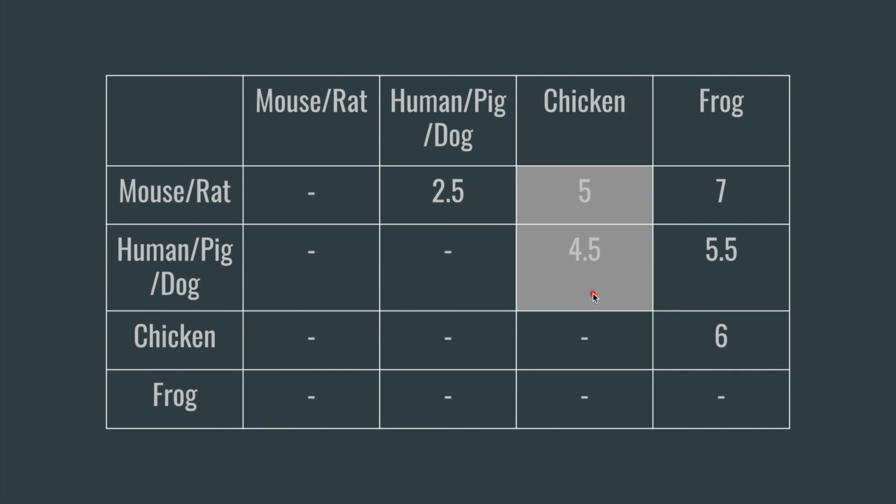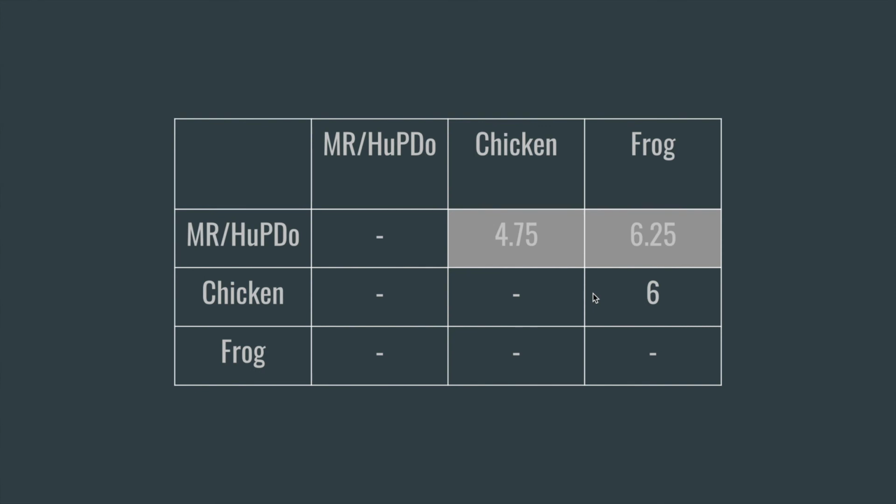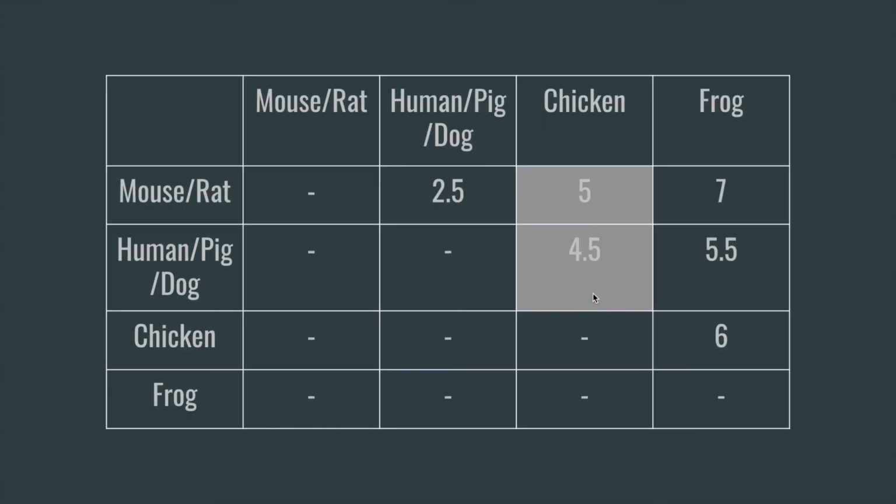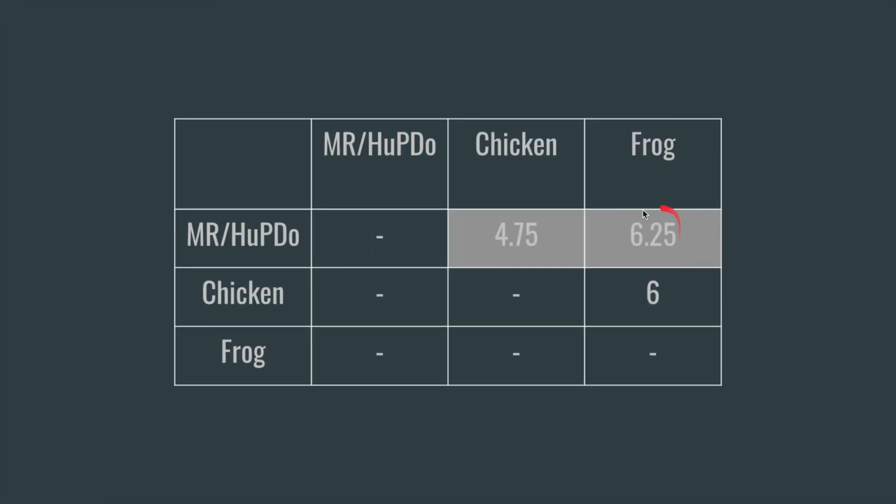This will give us 9.5 as the sum, divided by 2, that will give us 4.75. Whereas for the frog, the difference values would be 7 and 5.5. This will give us a value of 12.5 or 6.25 as the average.